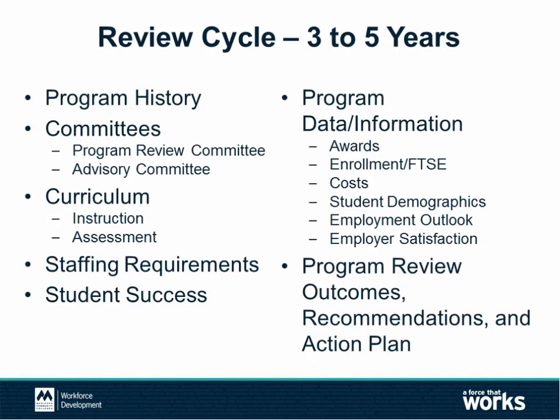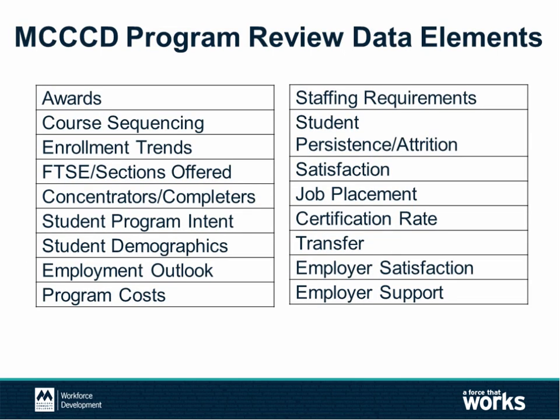And then overall, also looking at the staffing requirements and what impact your adjunct faculty, your full-time faculty, and any technical staff that's needed, especially in the occupational areas, is also an important area to consider.